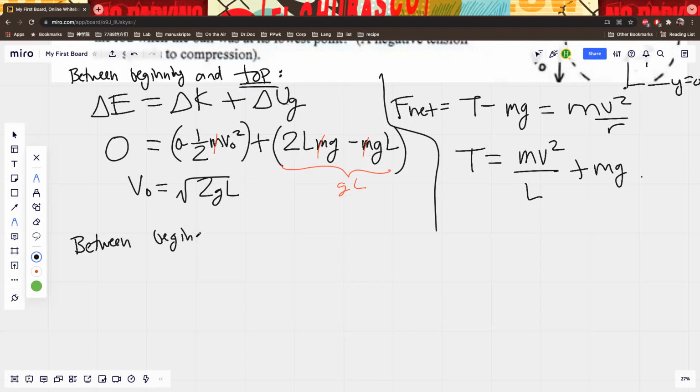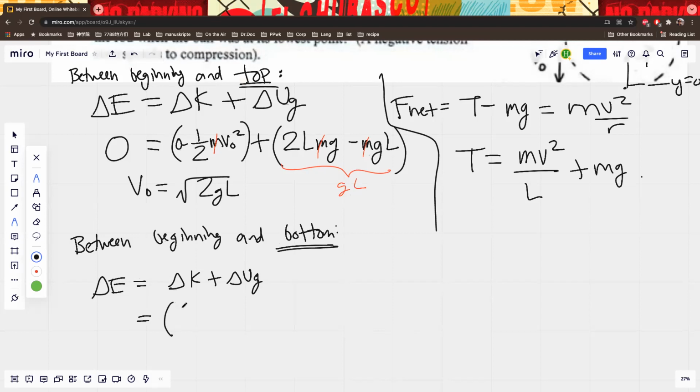So here we have delta E equals delta K plus delta UG. What's the final kinetic energy at the bottom? The final is the bottom, so the final kinetic would be half m v final squared.